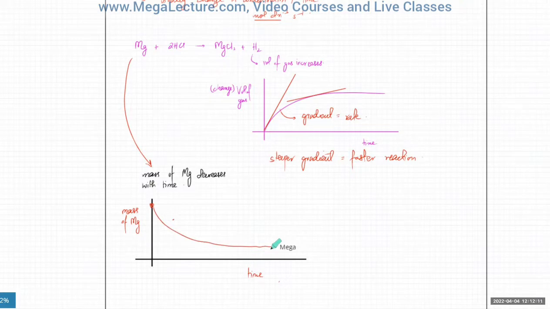Again, the gradient will tell you the speed of the reaction. Right at the beginning, the gradient is really steep, and then it becomes less steep. And if it flattens out, that means the reaction has stopped.